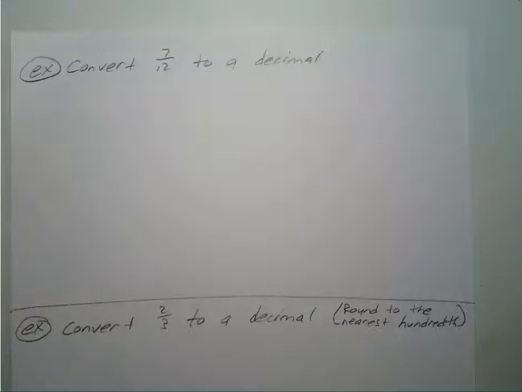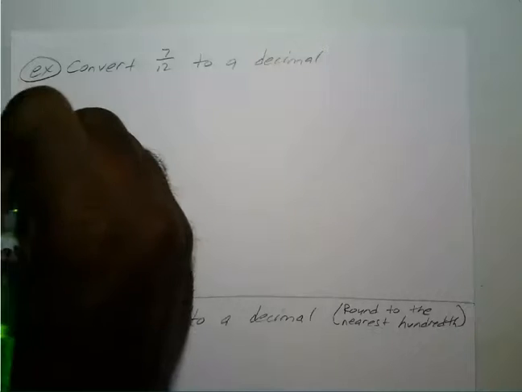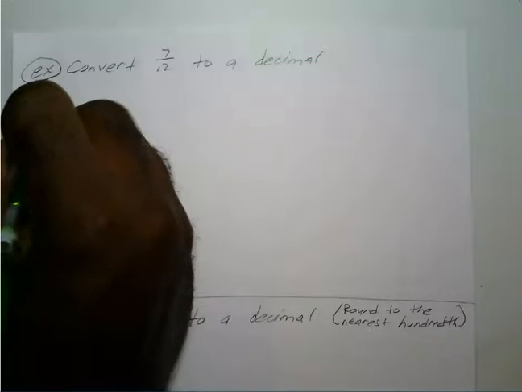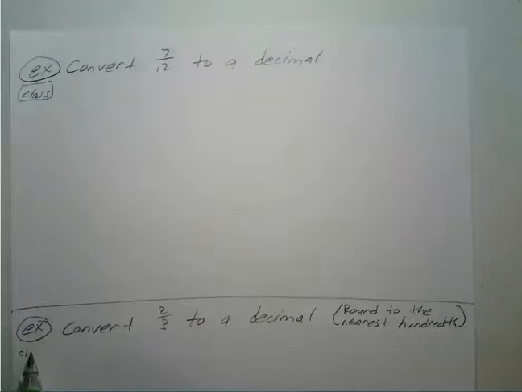I want you to go ahead and try both of these on your own. Go ahead and press pause. Assuming you've pressed pause and worked these out, let's go ahead and verify your answers.